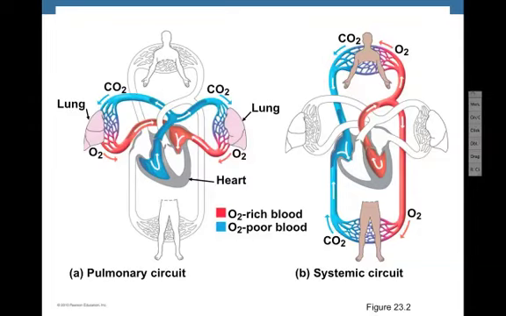Now this picture is showing the same thing, except now we can see the anatomical pictures. And if you look, red is the oxygen-rich blood, and blue is oxygen poor. The veins are oxygen poor, all but one vein, and we'll talk about that later.